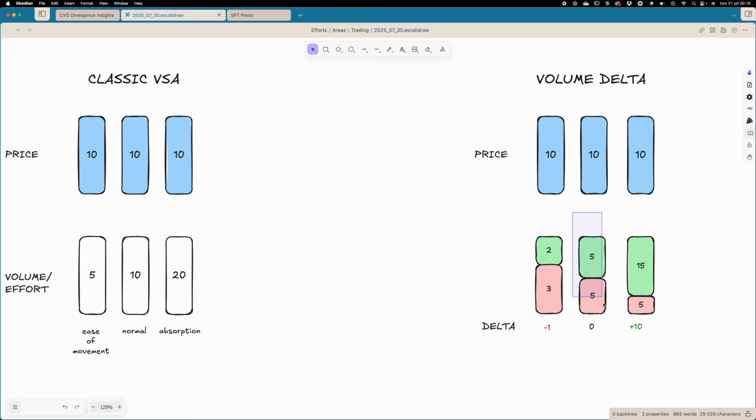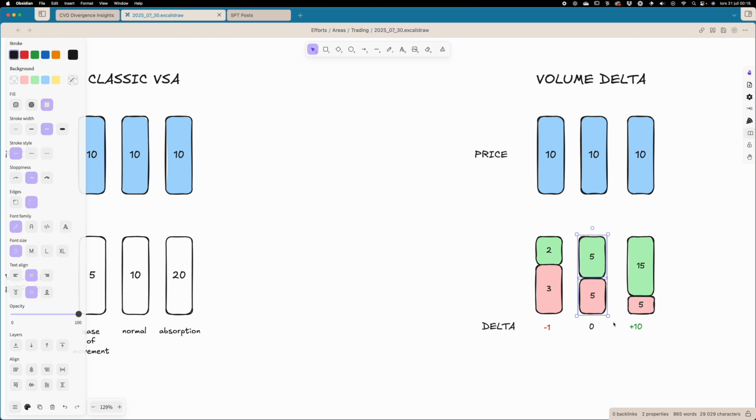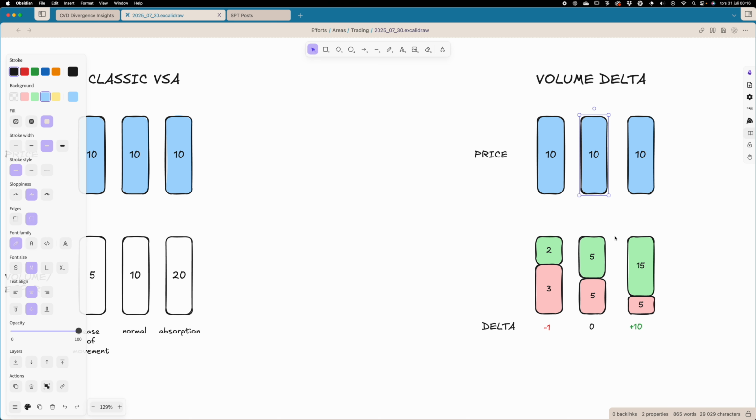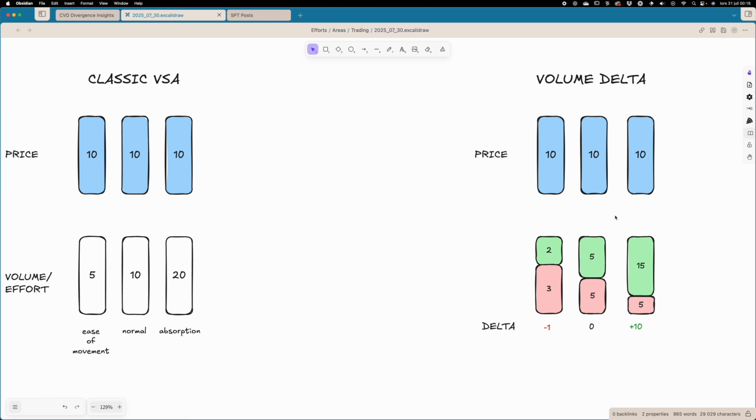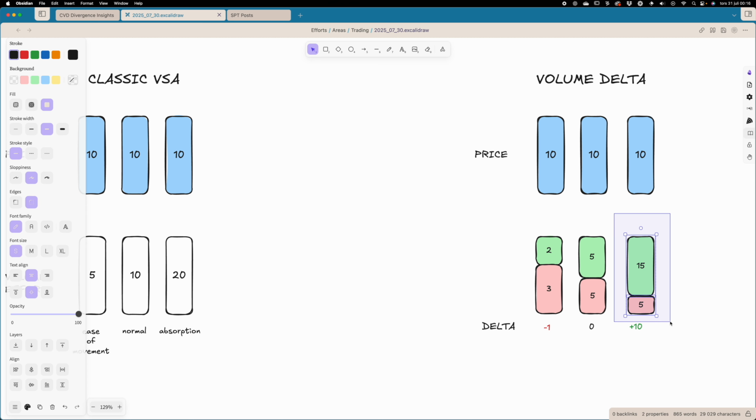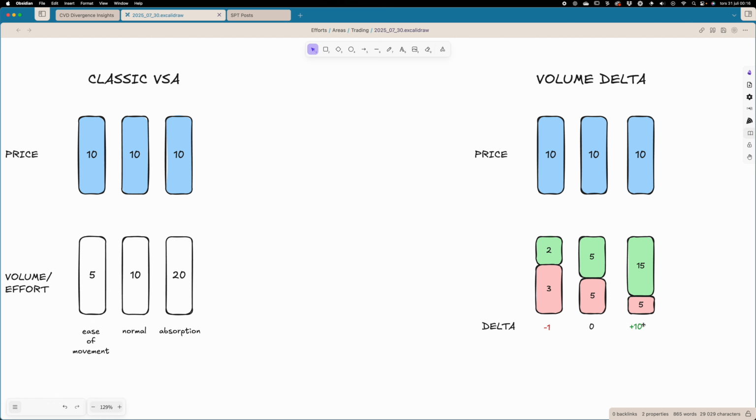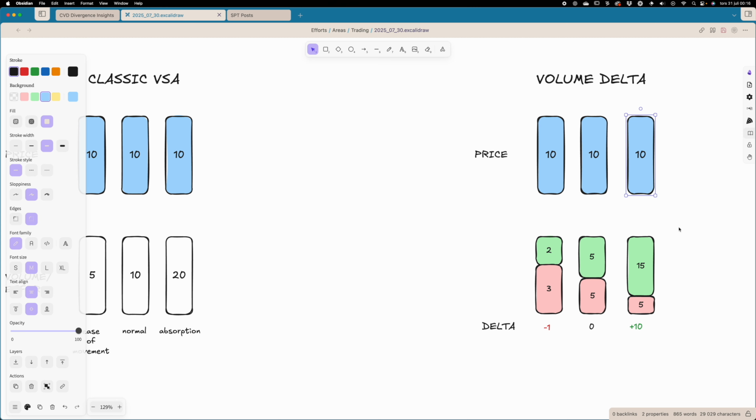In this situation, we have an equal balance between the aggressiveness of bulls and bears, and we moved 10. And in this situation, we had, in this example, 15 aggressive bull volume and 5 aggressive bear volume. So we have 10 more of the bulls, and we moved 10.